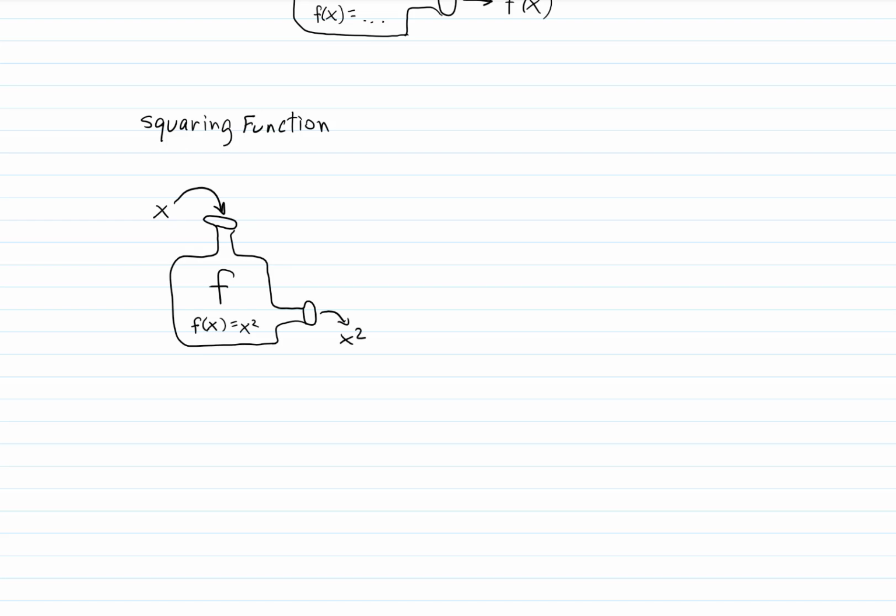Okay? There's what's called the successor function. I'll call this one g, because that's the way it is in the book. Now for the squaring function, what's the domain? The domain is all real numbers.